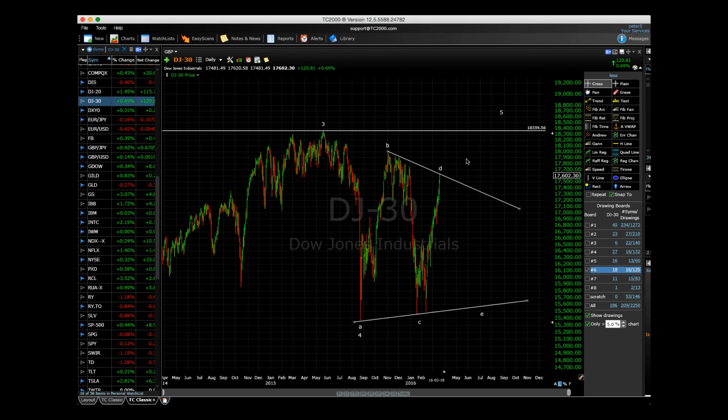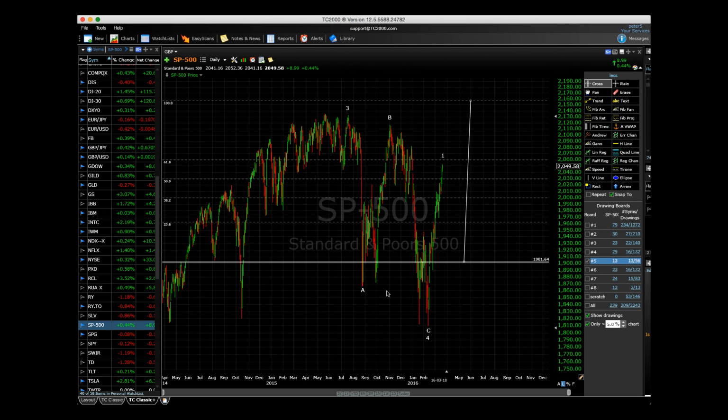And so we're looking at the S&P and the NASDAQ, and I want to take a look at the S&P next. Now here's the daily chart of the S&P 500, and we're looking at the same scenario as the Dow triangle. So if the Dow triangle works and is going to a new high, the S&P has to do that as well. But the S&P has a different configuration in that it's come down in 3 waves, an A, B, C. You could call that a flat, 3 waves, 3 waves up, and supposedly 5 waves down.